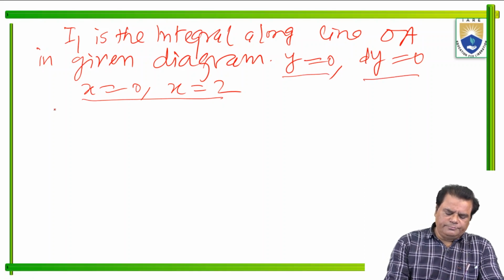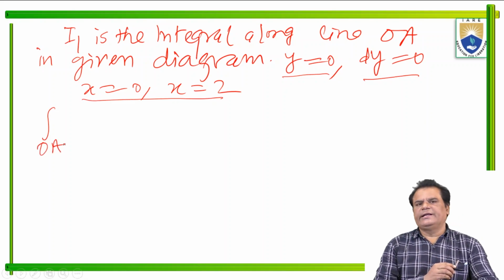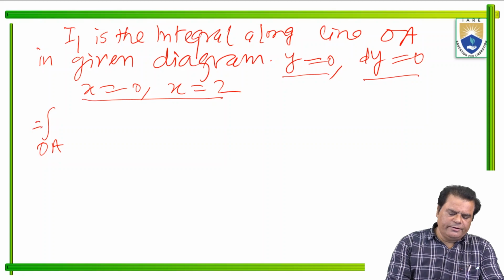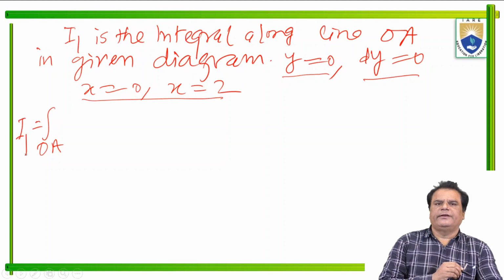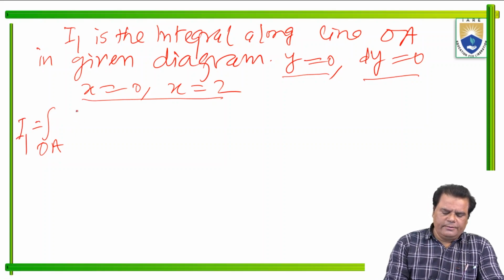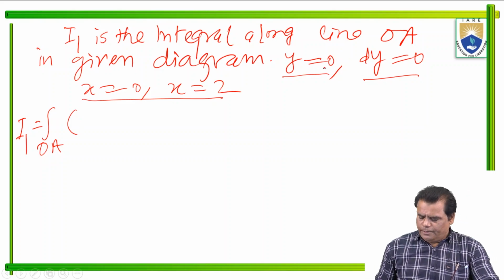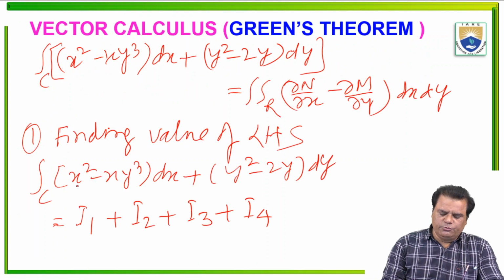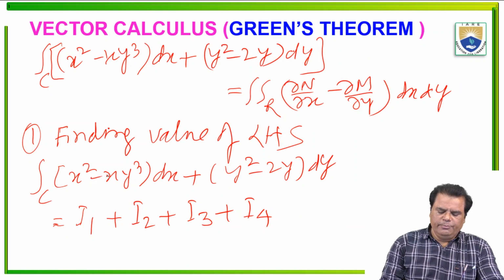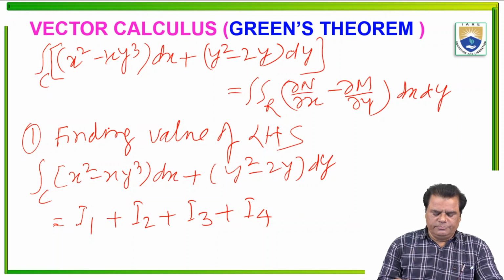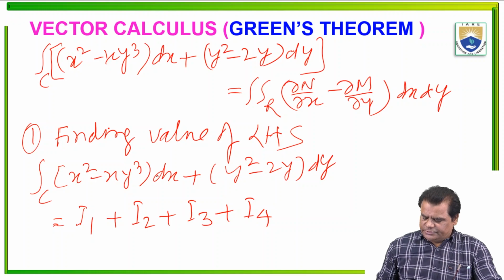So now the integral along C, meaning OA. This is I1. Putting y equal to 0 in this integral, y is 0 and dy is 0. So we get x square dx.